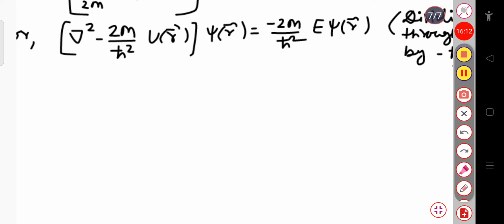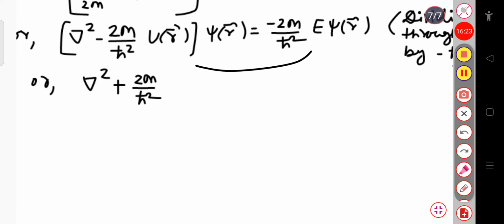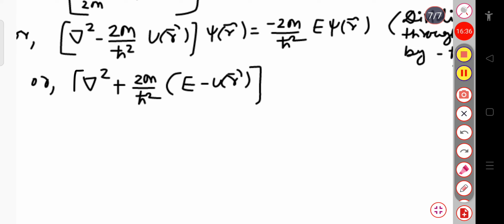We can write it as ∇²ψ(r) plus 2m/ħ² into (E minus U(r)) into ψ(r), that is equal to 0.